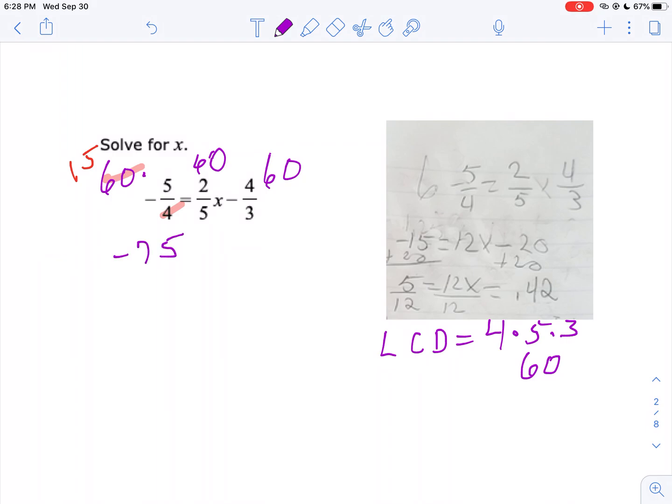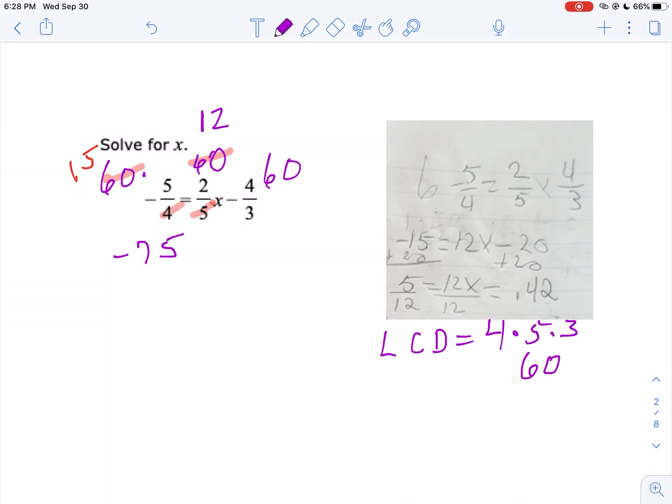And then we do the same thing. 5 goes into 60 12 times. So 12 times 2x, that'd be 24x.